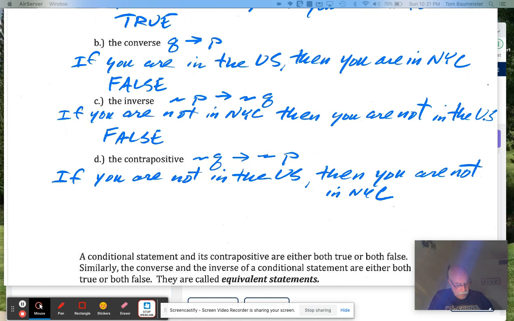And that one should also make sense. That should be true. Because again, you could be in Canada, well, you're not in New York City. You could be in France, you're not in New York City.